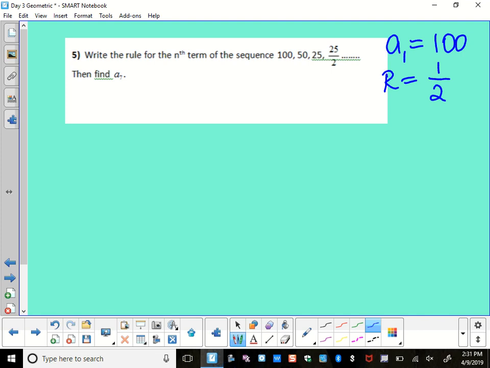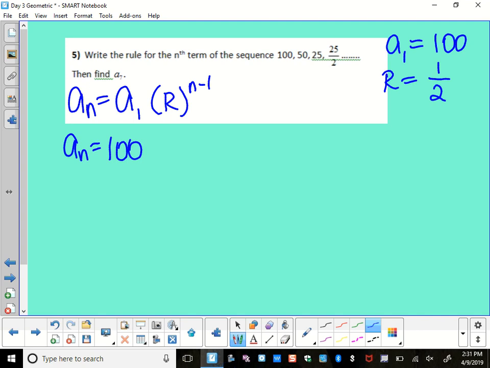Alright, so let's find the rule. My rule for the geometric explicit: my first term was 100. My r is 1/2. And then n minus 1.